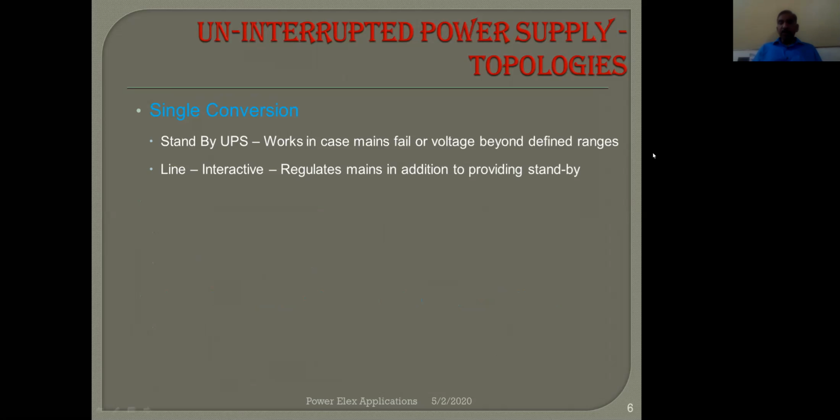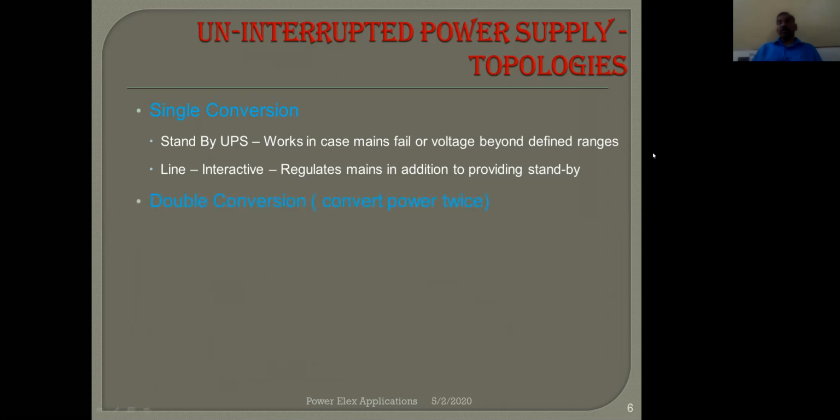Whenever mains is available but beyond range, it will supply power to the load or regulate the mains, get it into the range and supply to the load. Quite good, efficient, cost effective, but cannot guarantee the protection. Because while conditioning the mains, it may pass some fluctuations or variations in mains to the load.